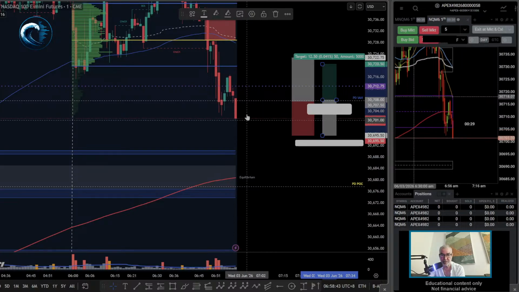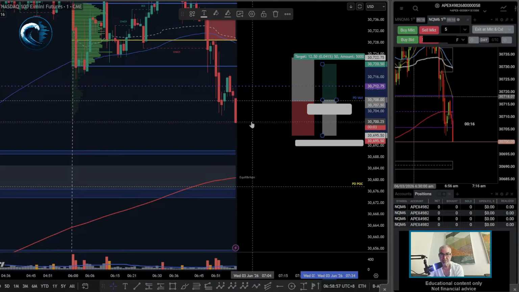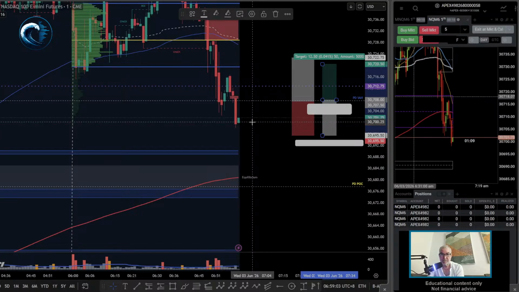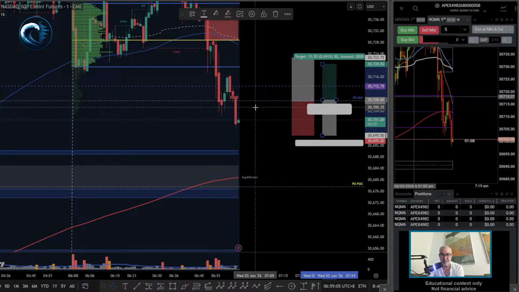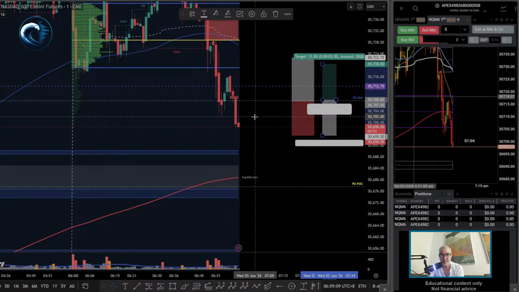Okay, all right, so come back up, please. I'm okay missing this trade, so I'm not going to rush into anything here. Well, hopefully someone caught that. Is that the only pullback we're getting?